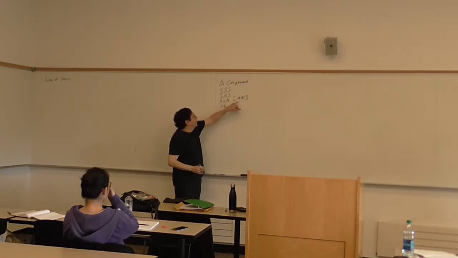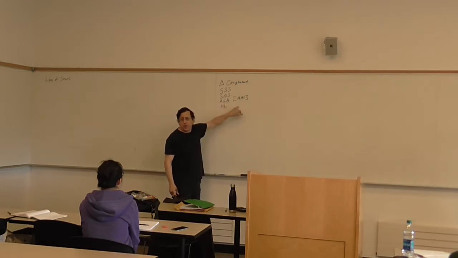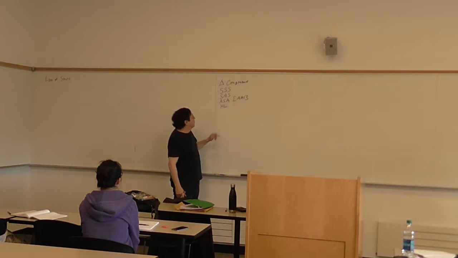I put this in brackets here because if I have two angles, then of course I have the third one. So really these two are the same. This is really like ASA question mark A. I've got all three angles.